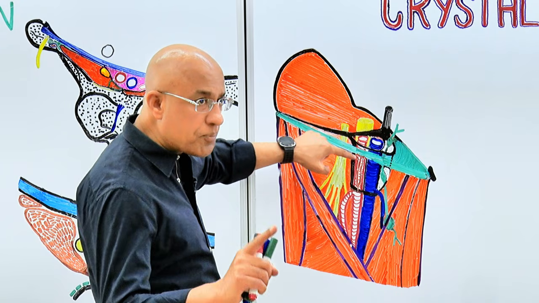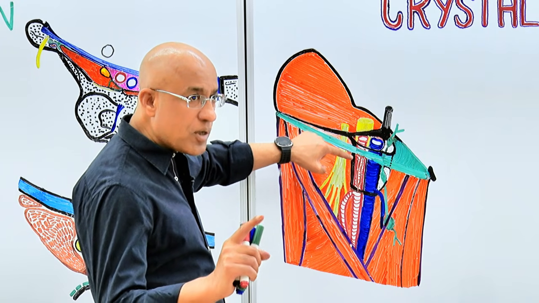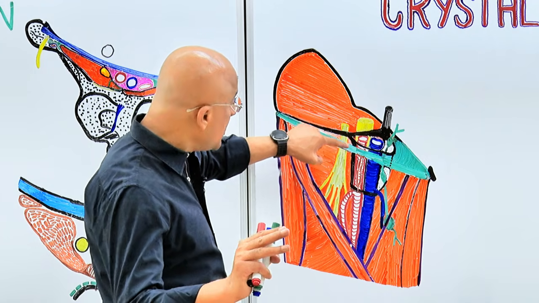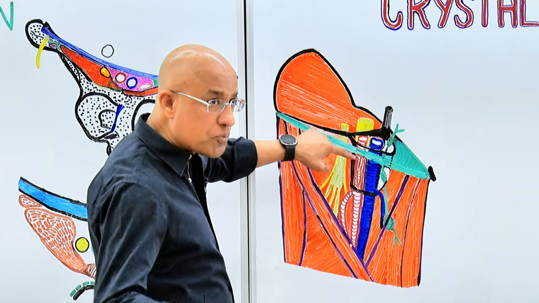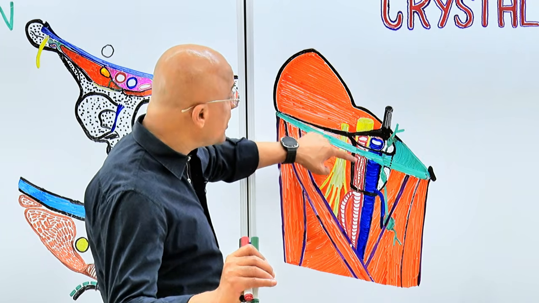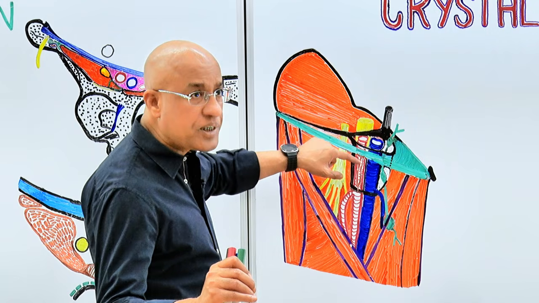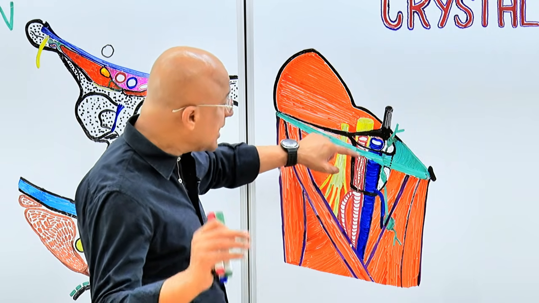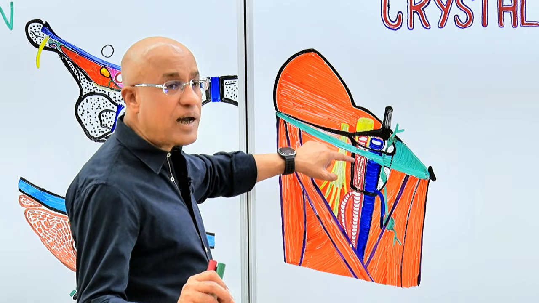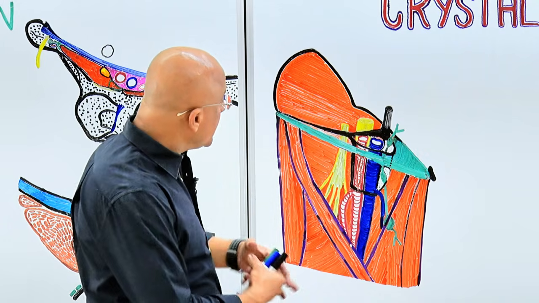It is used for pulsation detection, for auscultatory purposes, for compression in case of profuse bleeding from the lower limb, and for sampling of arterial blood for ABGs, arterial blood gases. It can be used by the radiologist and also by the cardiologist.